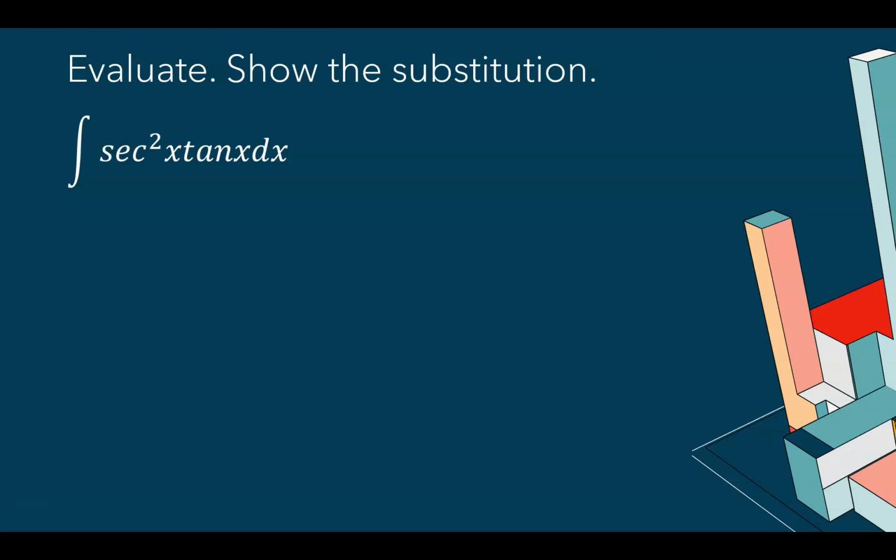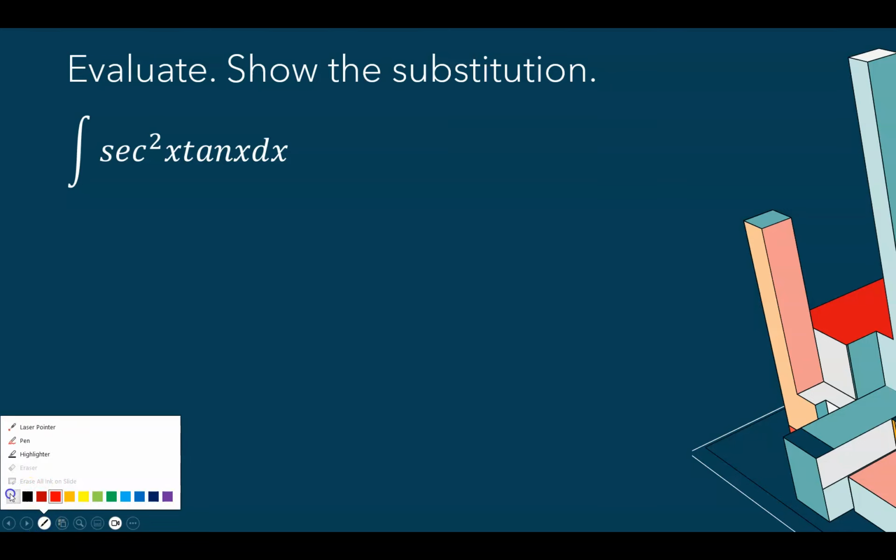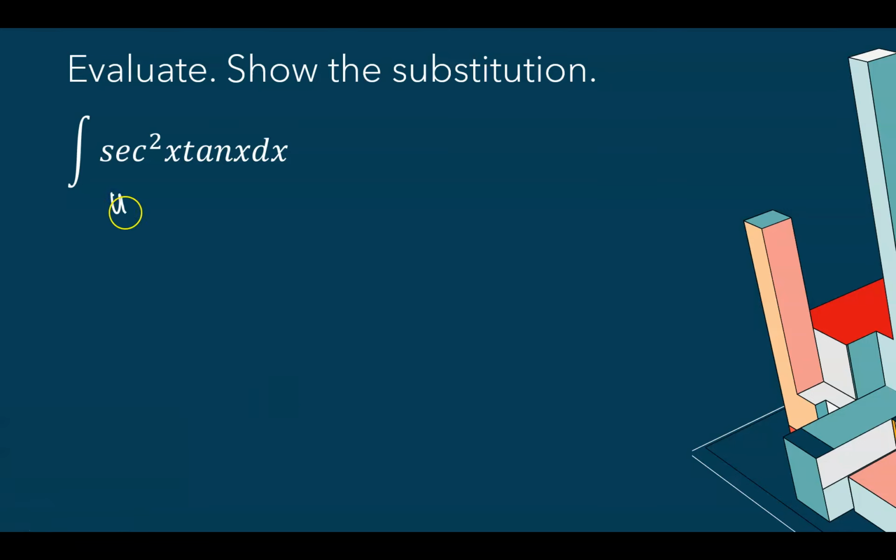So how do you evaluate the indefinite integral of secant squared x times tangent x dx? And the answer is we actually have a couple of options. With substitution, what we see is, most people pick out that U is tangent of x, which makes du secant squared x dx.